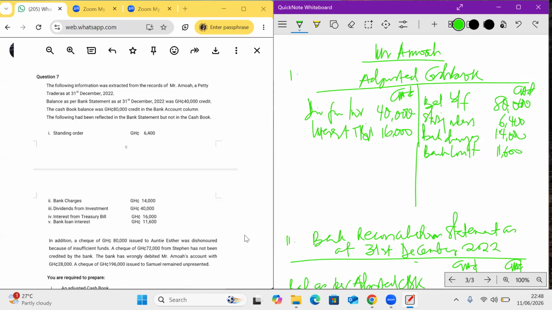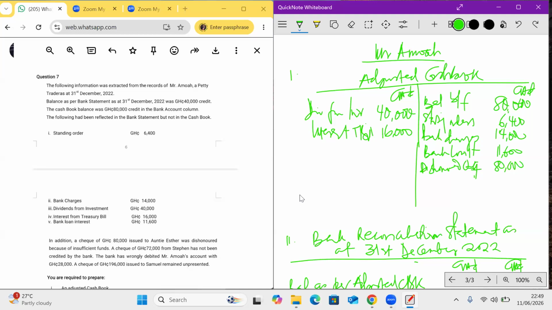Dishonored check from a customer is credit. So Antiesta is a customer, so credit. Oh, Antiesta is a supplier. So standard check. How much is it? 80,000.